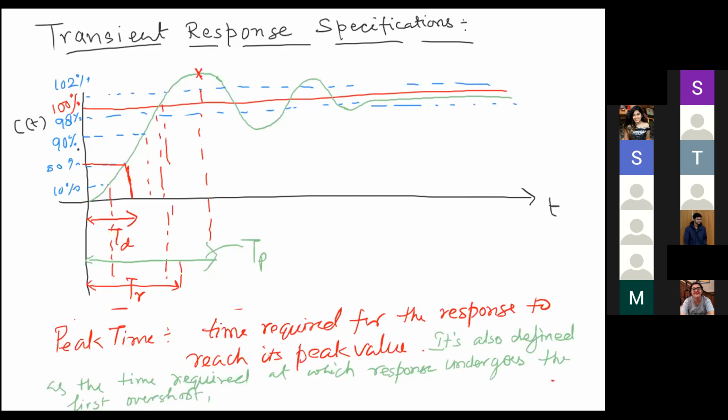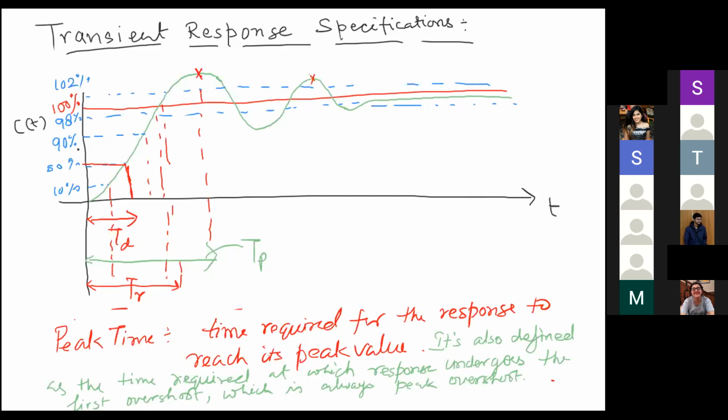Which is always peak overshoot. So as you can see in this figure, they are at different overshoots. This is also another overshoot.